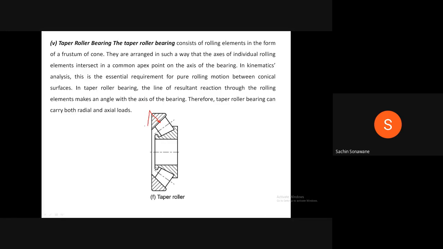Therefore, if you resolve this force, the horizontal component is known as axial force and the vertical is known as radial force. Therefore, a taper roller bearing can carry both radial and axial loads.